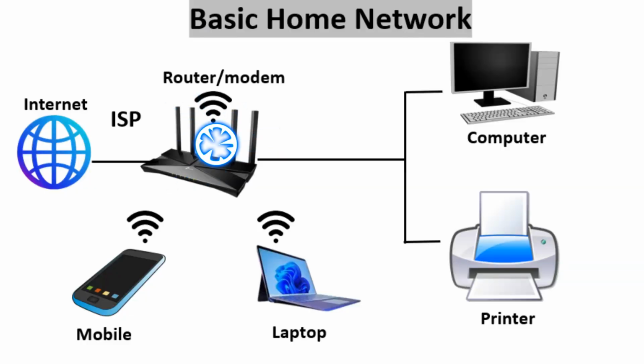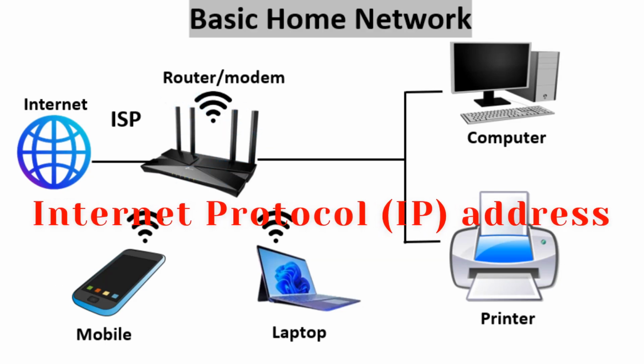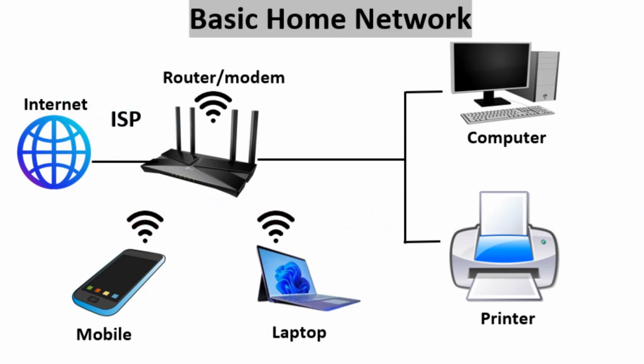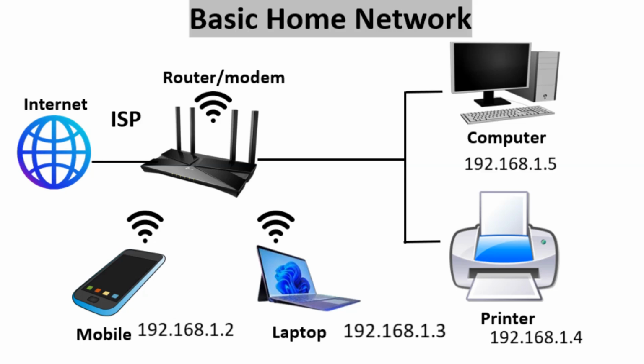In your home, the router is like a traffic manager for the internet. It gets one special internet protocol, IP, address from your internet company, called the ISP, which connects your whole home to the internet. Inside your home, the router gives local IP addresses, like 192.168.1.2, 192.168.1.3, etc., to each device, your mobile, laptop, computer and printer.